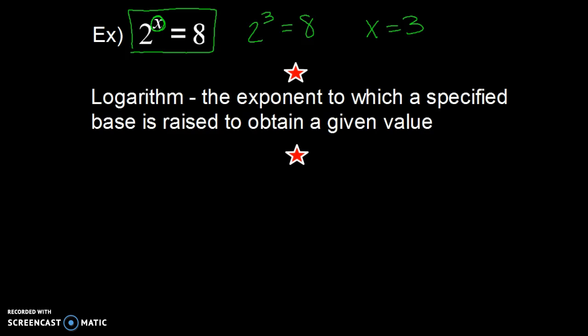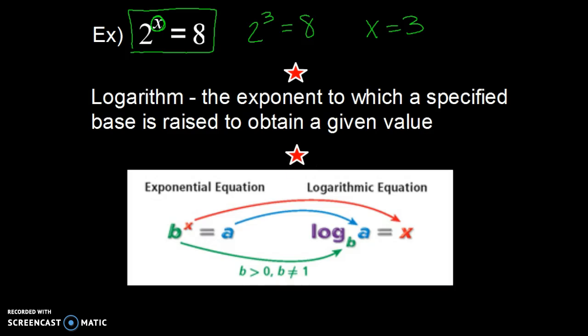A little more specifically, we can convert between an exponential equation and a logarithmic equation using this form here. So starting with an exponential equation where we have b to the x equals a, b is our base, a is our given value that we're trying to get equal to on the other side.